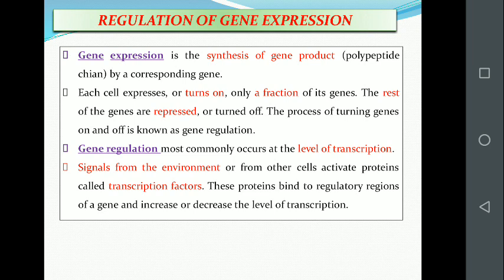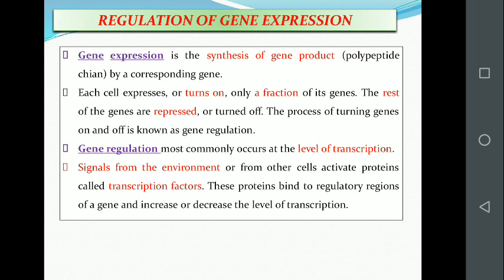A gene is a segment of DNA which encodes a polypeptide chain, or which has information for the synthesis of a particular polypeptide chain. It has a sequence of nucleotides, and that sequence of nucleotides corresponds to a sequence of amino acids, which is a polypeptide chain.